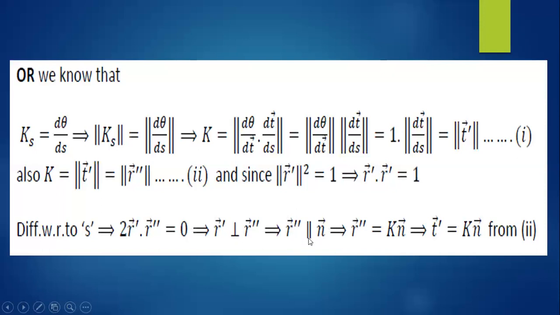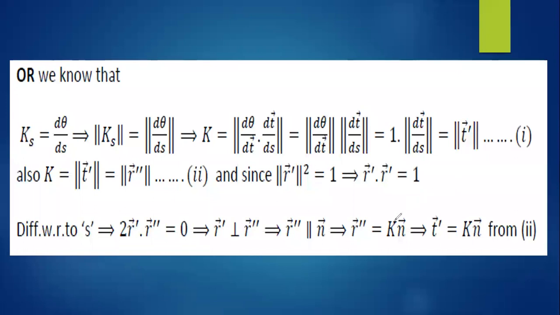R double prime is parallel to n, not perpendicular. If these two vectors are parallel, then there must be a relation between them. R double prime must be equal to kn. For the parallel case, I can use a drawing here.